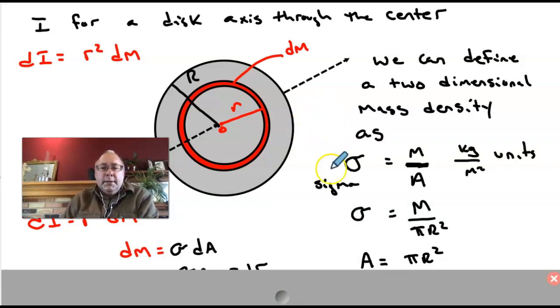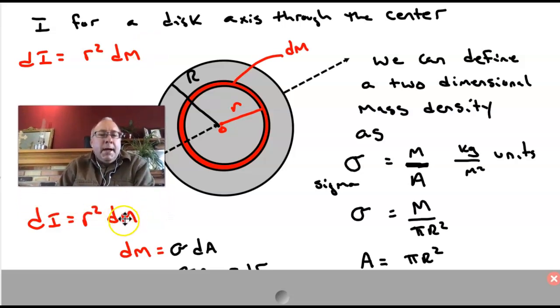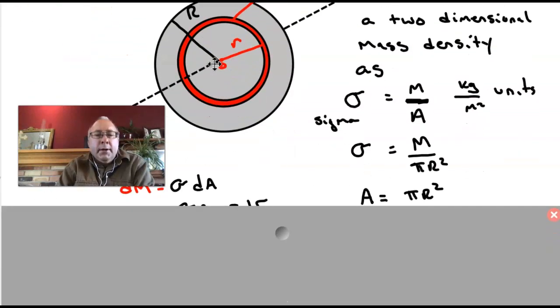So in this case, with the sigma defined, remember that the area of the entire disk is going to be pi r squared. So our sigma can be expressed as mass over pi r squared, since the area is pi r squared. And again, we're doing this because we need the mass in terms of our variable, right? Our variable that we can integrate over the shape.